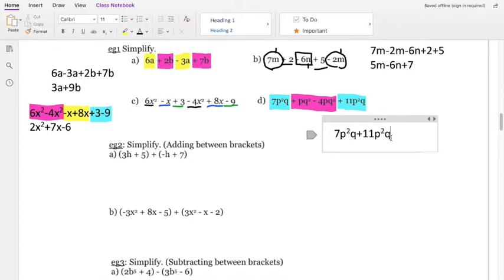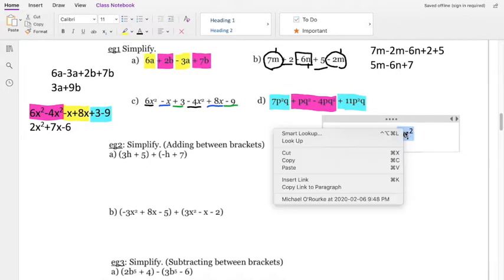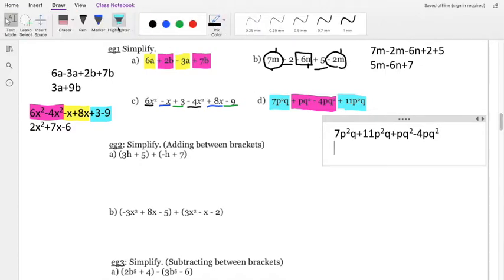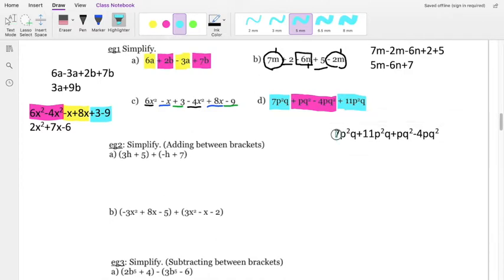Good. Then my next one is plus. I'm just going to do this. There we go. Let me copy this again. Minus 4, away we go. Then I'm going to combine these again. So I have this put together. There's my draw. I'm going to combine these two together, and I combine these two together.